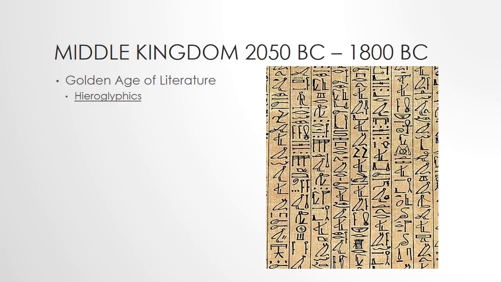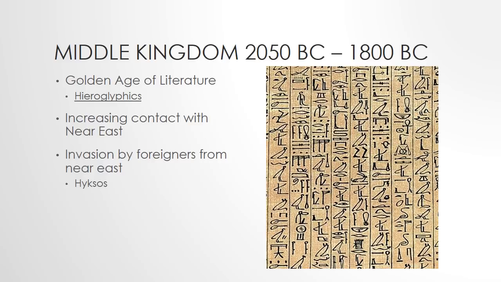Hieroglyphics are the main reason that we know everything that we do know about the Egyptians, because we figured out how to read them about 150 years ago. Another thing that happens in the Middle Kingdom is Egypt begins to have some contact with other civilizations, using both trade routes through the deserts and some sea routes. The Egyptians begin to contact the Middle East and trade and stuff like that.